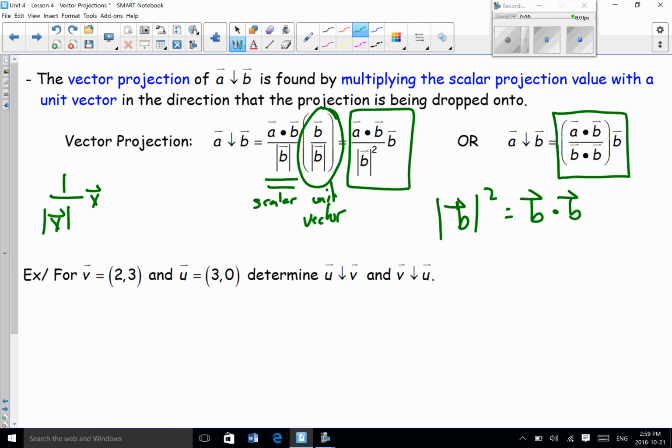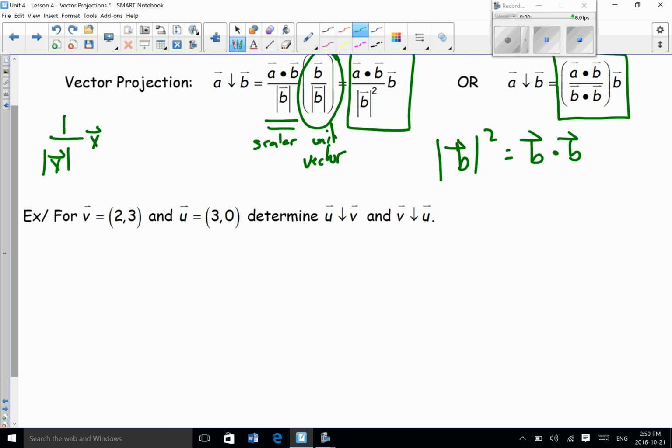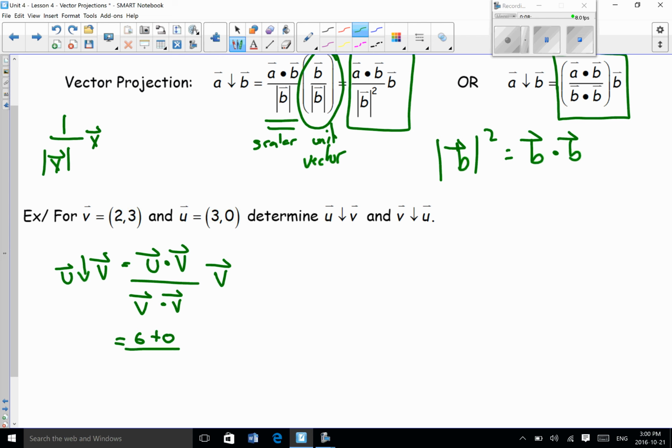So using the same values we did a second ago, if I want to find the vector projection of u onto v, my formula is u dot v over v dot v, in the direction of v. I'm using the second formula here. So u dot v would be 6 plus 0, v dot itself is 4 plus 9, and the direction of v is 2, 3.